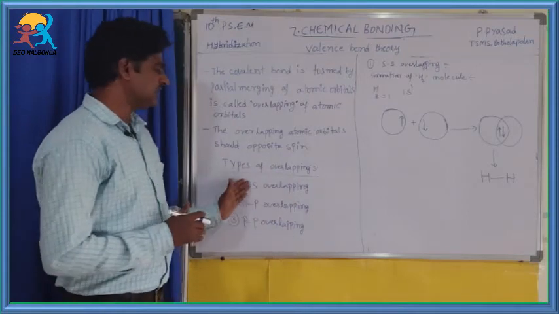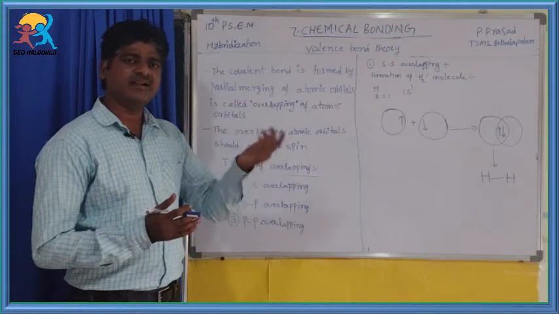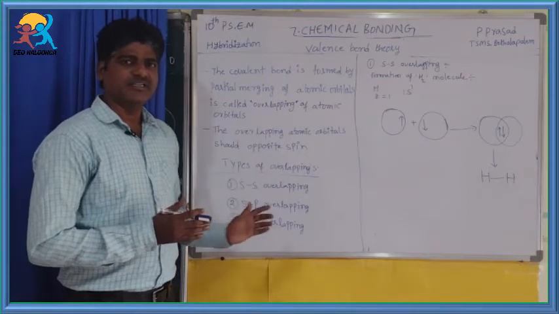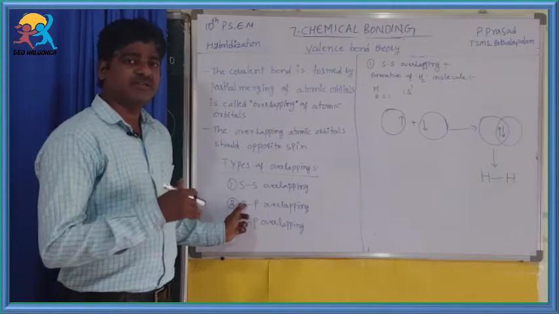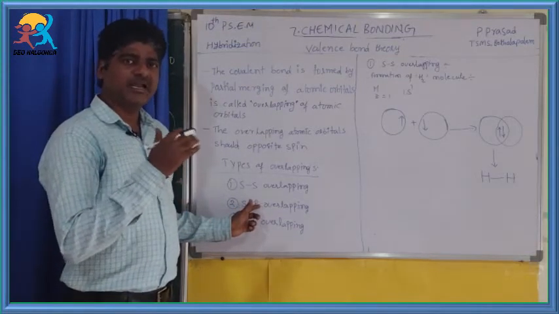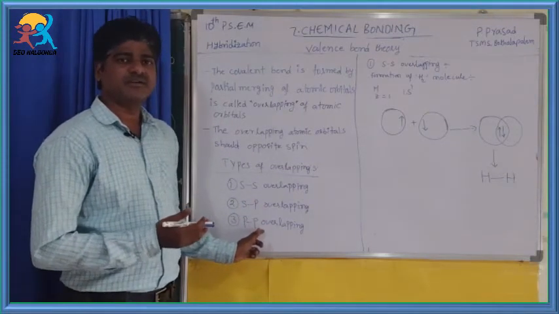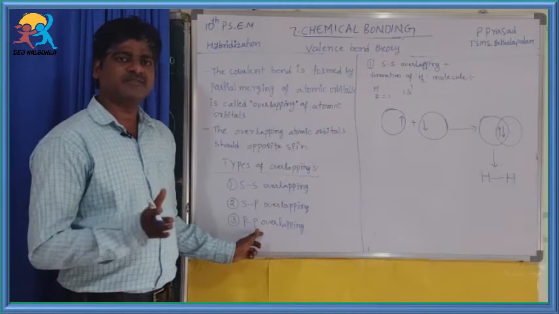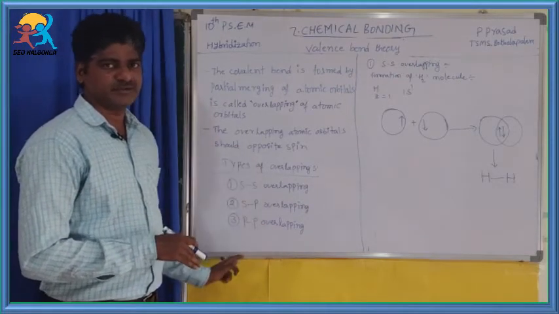SS overlapping, that means one s orbital overlaps with the s orbital of another atom. Next, SP overlapping means one s orbital overlaps with the p orbital of another atom. PP overlapping means one p orbital overlaps with the p orbital of another atom. Okay, these are the types of overlapping.